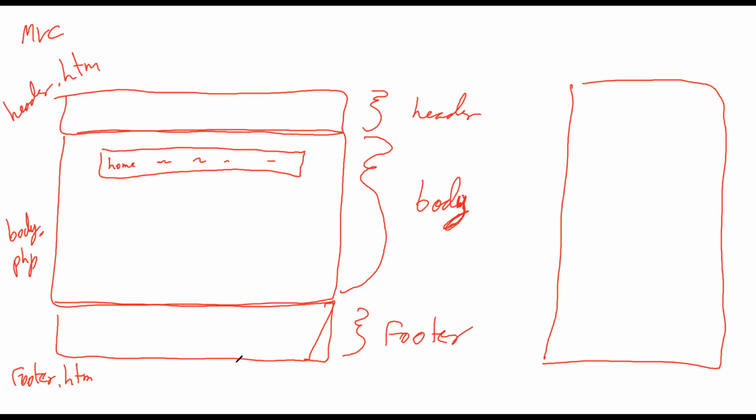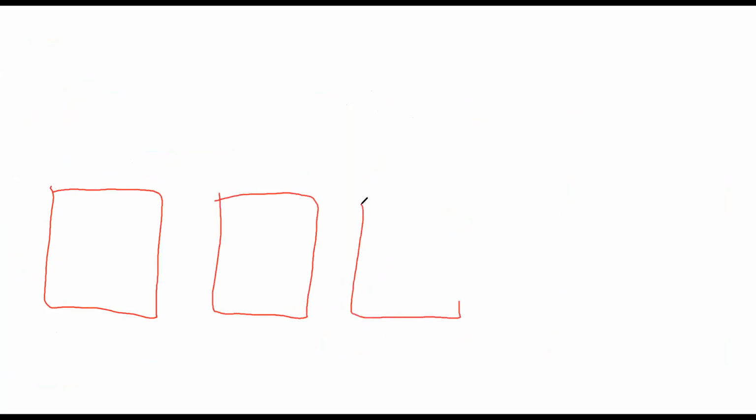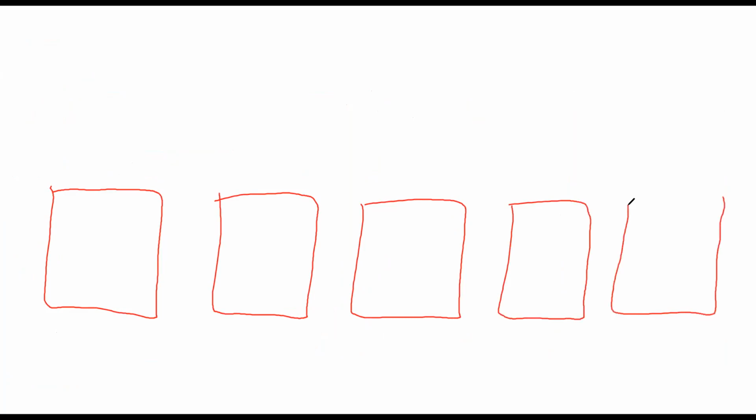Okay? So now, why do we want to separate? Because this is going to give us a lot more files, but there's actually a benefit to doing this. When you build a website, you will have a lot of pages, but you usually want all of your pages to have a certain look.